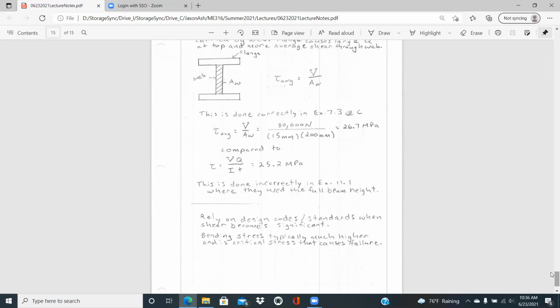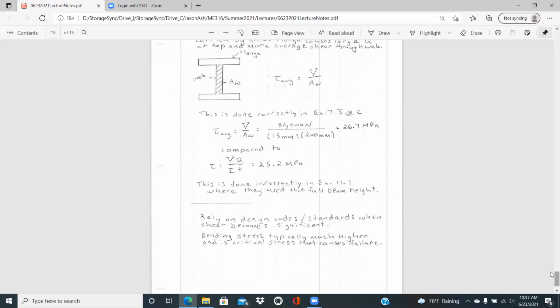Transverse shear really becomes important when you have a short, stubby beam, as that bending stress really doesn't have a chance to develop, and it's primarily a transverse shear situation. And so we'll see that as we continue on, as we get into chapter 12.